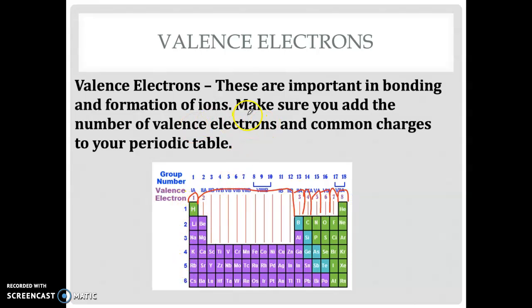Second column is 2. All of these also have 2, so all those in the middle are 2 as well. Until you get to column 13, then you have 3, 4, 5, 6, 7, and 8. The only exception here is that helium has 2. So add that information to your periodic table, and we'll talk about those here in a second. Pause if you have to, then go to the next thing.